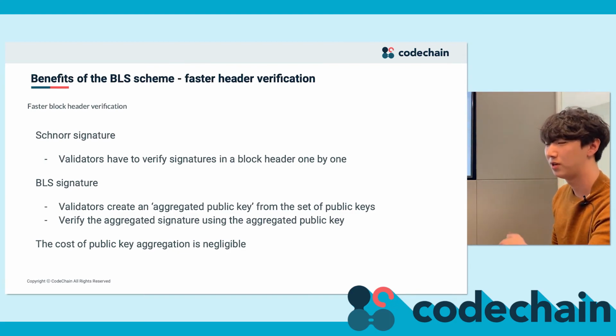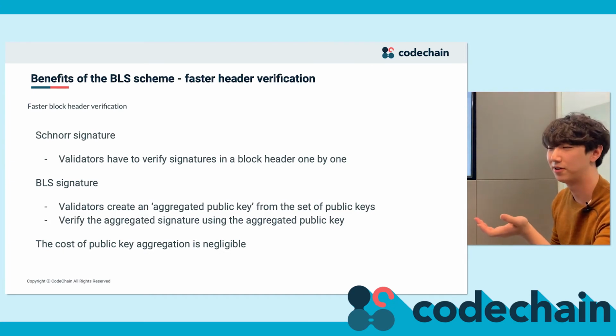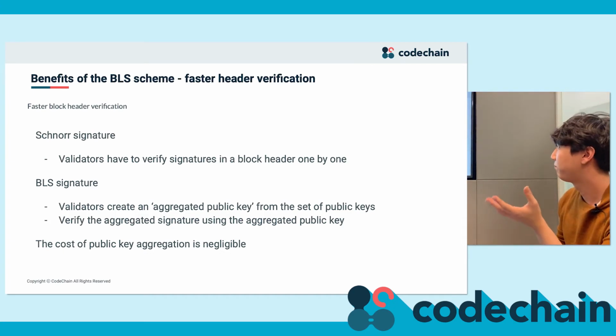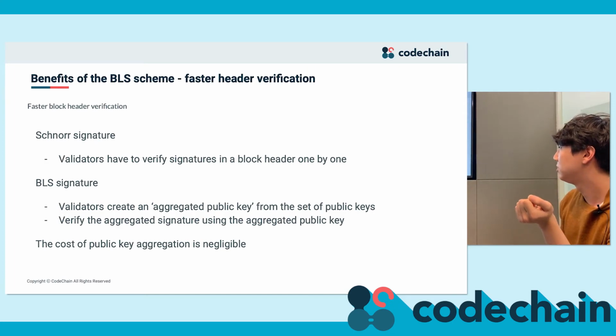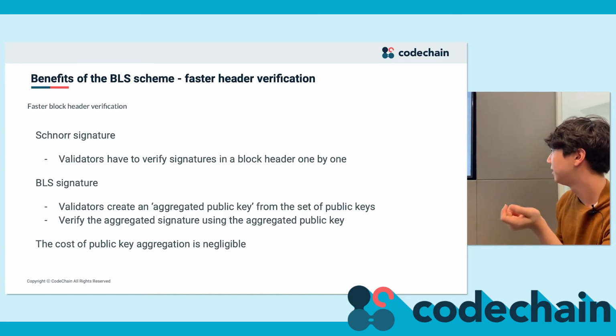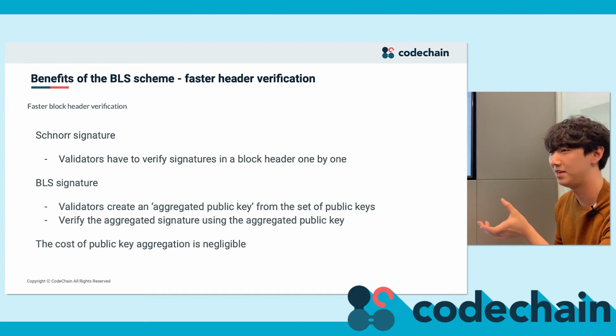For example, if there are 30 validators, each node has to verify 30 signatures one by one. But if you use the BLS signature scheme, then the verification of multiple signatures can be optimized.